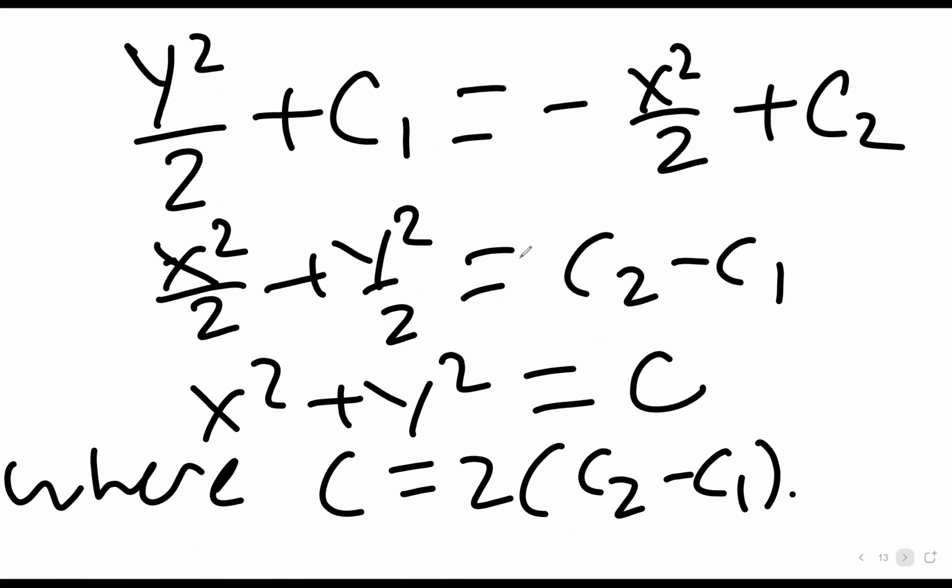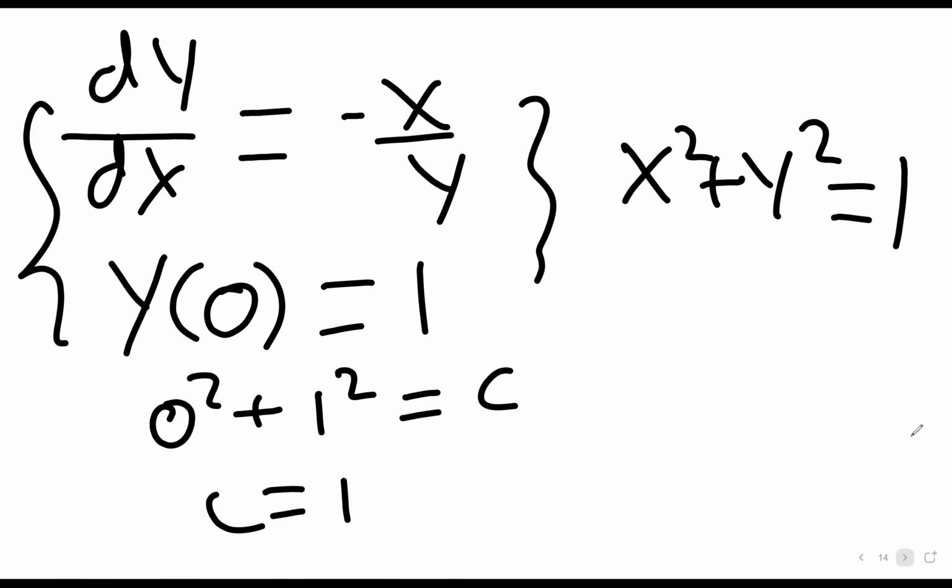The antiderivative of y is y squared over 2 plus the first constant c1. The antiderivative of minus x is minus x squared over 2. Then we can simplify to get the equation x squared plus y squared equals c, which is the equation of a circle centered at the origin of radius square root of c.